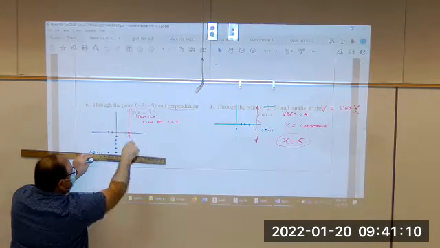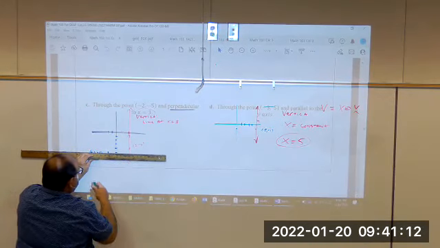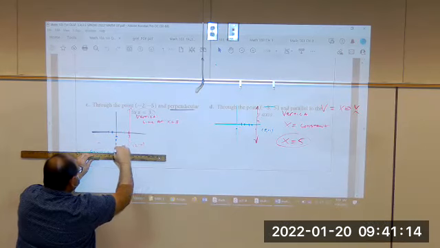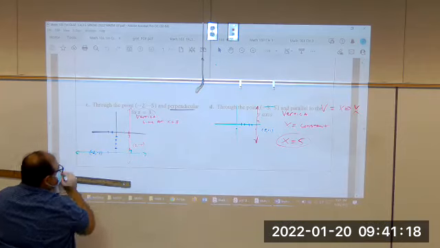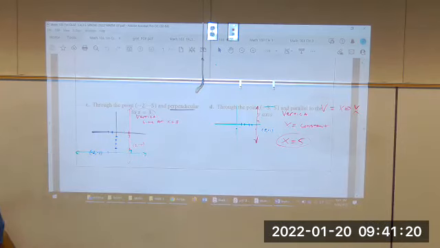To be perpendicular, it has to be like this, because it has to make a right angle. That's what they just described.